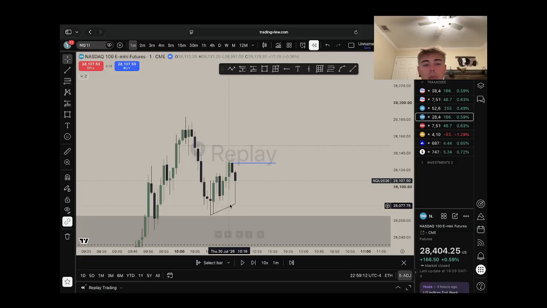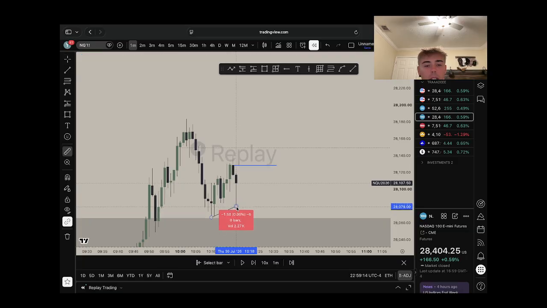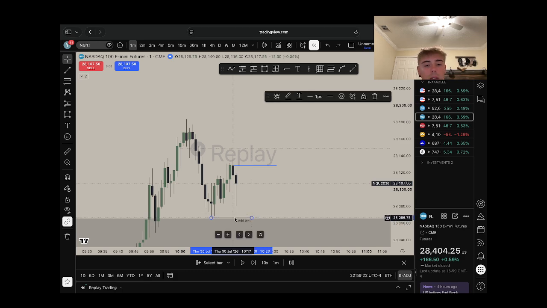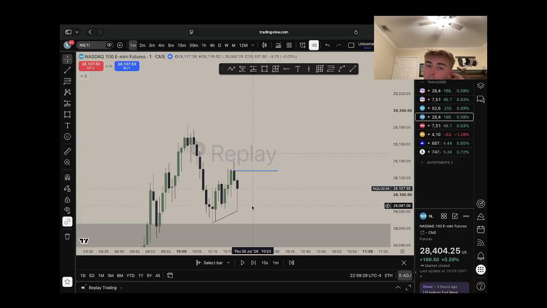Since there's an SMT here, the NASDAQ does not need to go down to this low, and it's also called a turtle soup, but I just called it a stop hunt right here. So since we created this SMT, this low is safe, and then all we wait for is a candle closure above these consecutive down close candles, and we end up getting it right here.